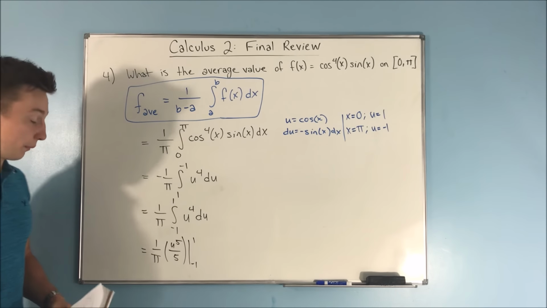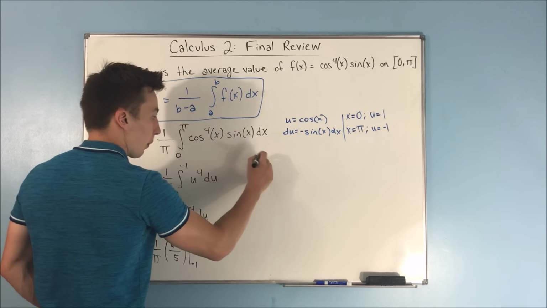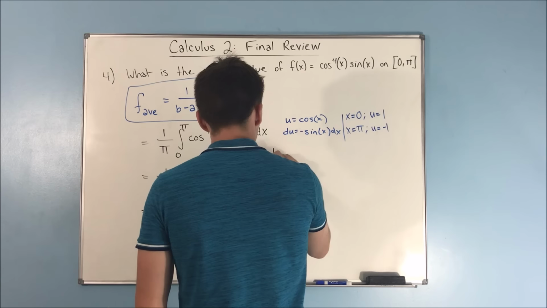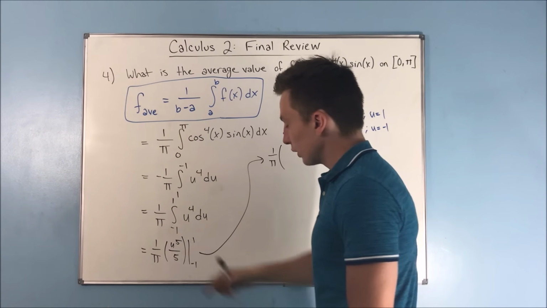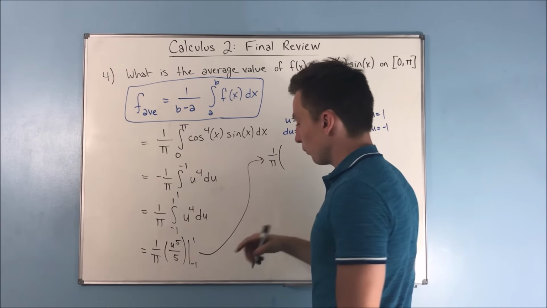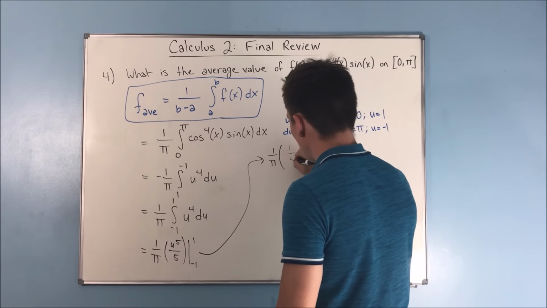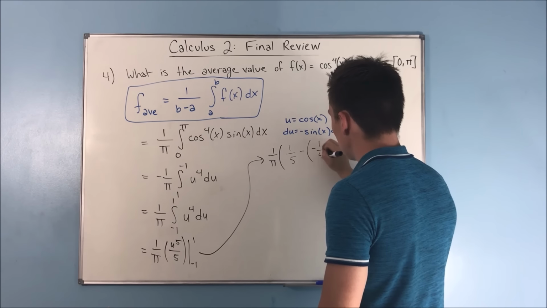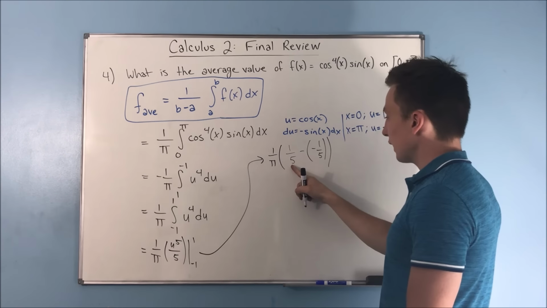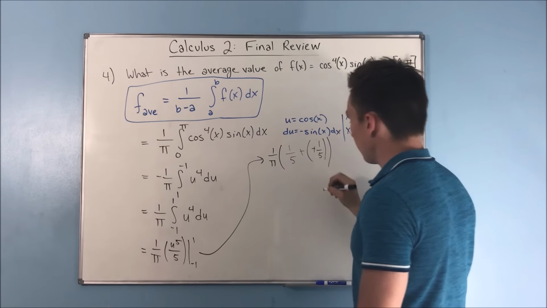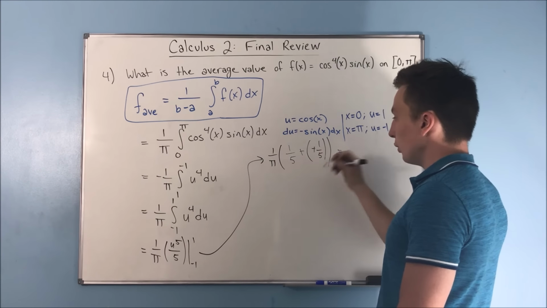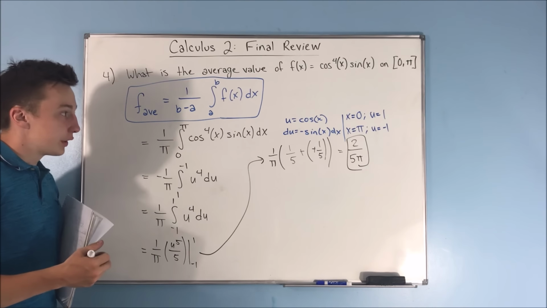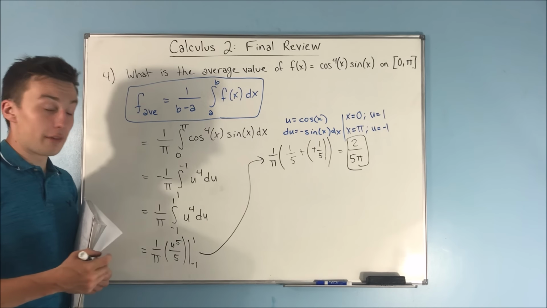So you can now say that this is 1 over pi times, plugging in 1 first, 1/5 minus negative 1/5, which is just 1/5 plus 1/5, and that's equal to 2 over 5 pi. Okay, so there you go, that's your average value.